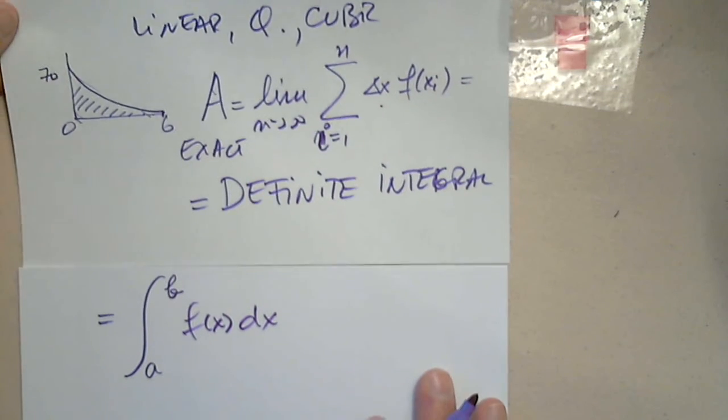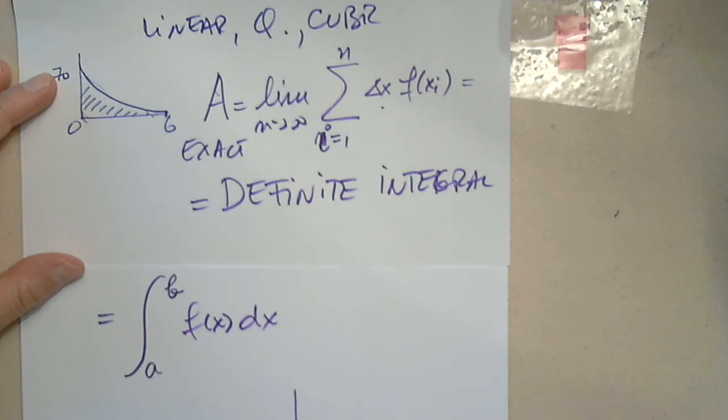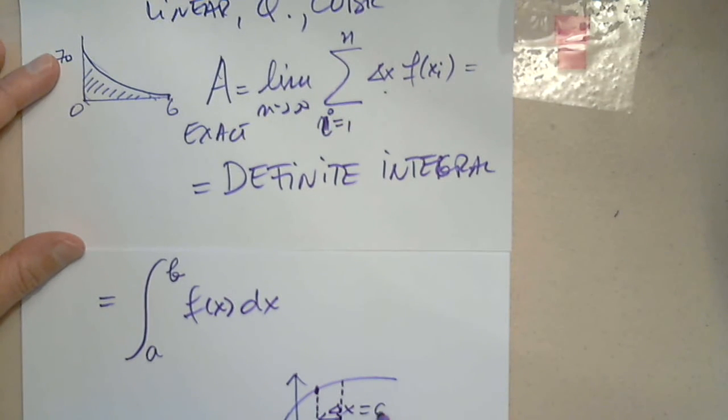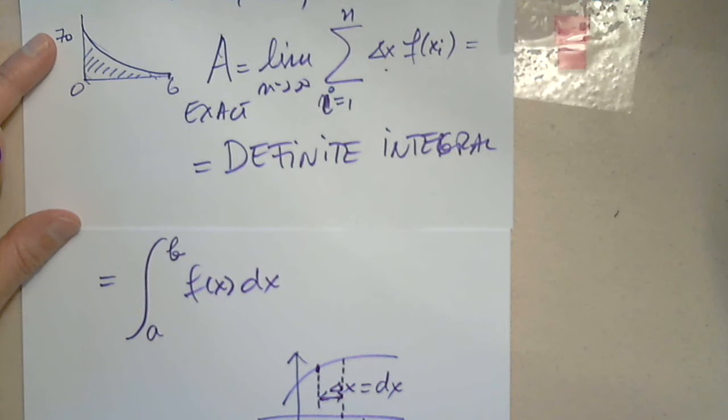A long time ago, we said that delta x, the exact difference in x, and dx, the differential of x, are the same number.